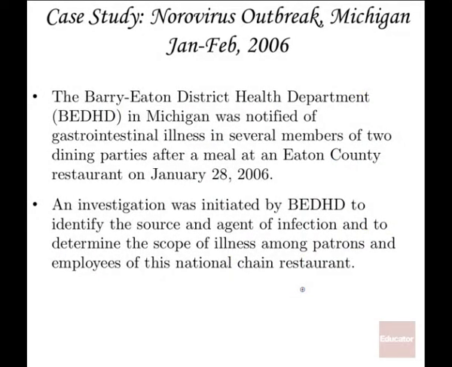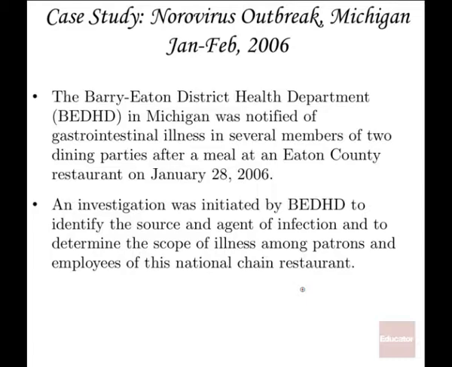So the example we're going to discuss is a food outbreak that occurred in Michigan in 2006 in the early winter months, January and February. What happened was this local health department was notified that there was gastrointestinal illness in members of dining parties that had eaten at a particular restaurant in the county on a very particular day, January 28th.